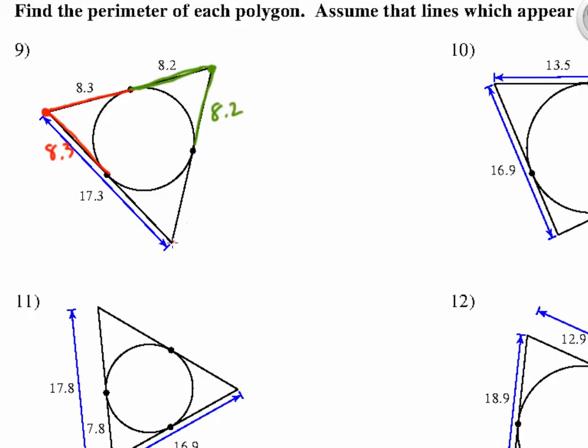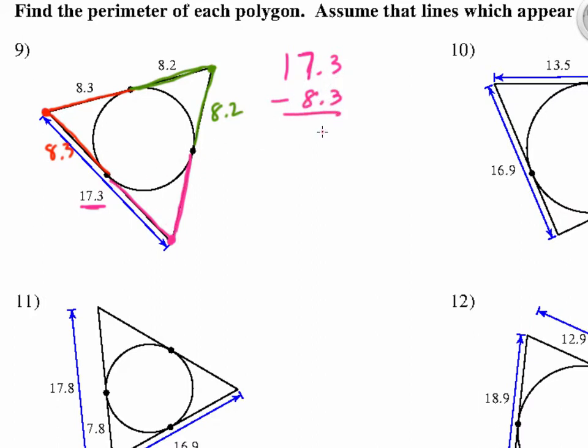And finally, this one right here, we don't have either piece. But we do know that the whole thing is 17.3. This piece is 8.3, so let's just subtract this piece. So 17.3 minus 8.3 will give us this pink part right here.